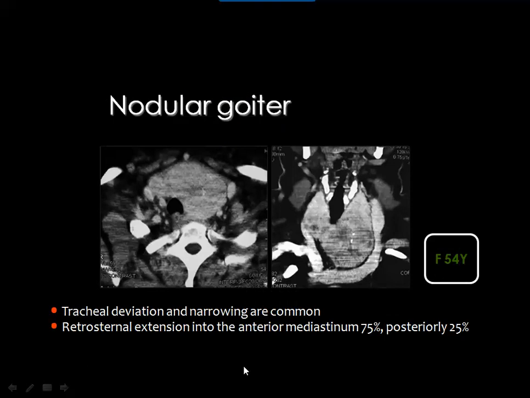And commonly, goiter may affect both thyroid lobes, but it may affect one side more than the other side, and also may extend inside the thorax and may not.